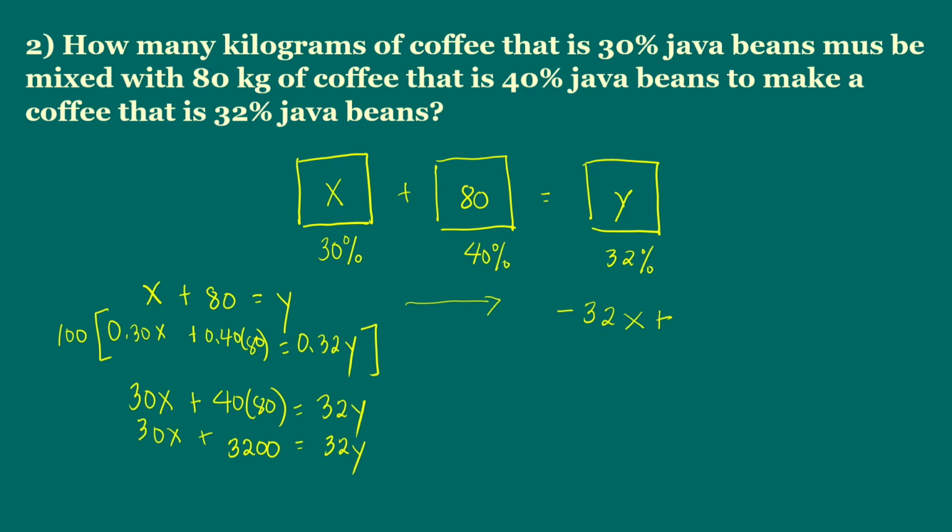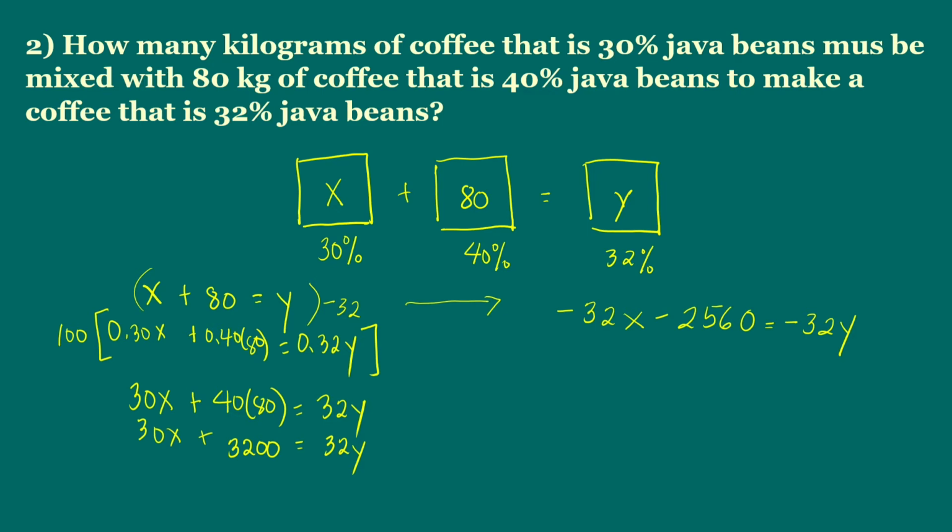Right? And then, y times negative 32, so that is negative 32y.